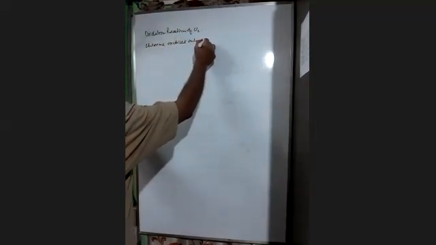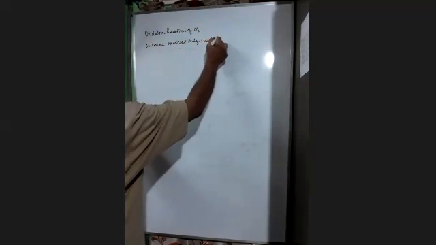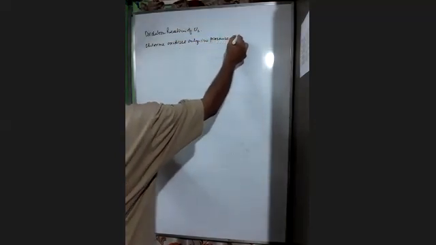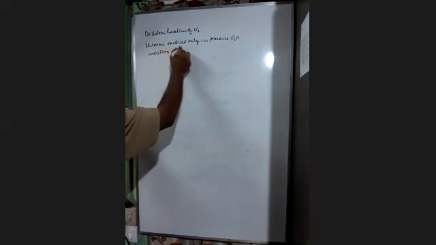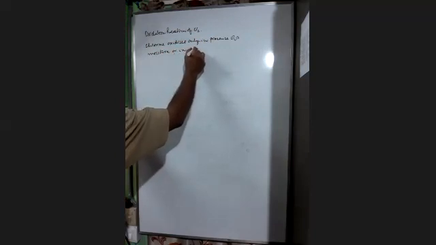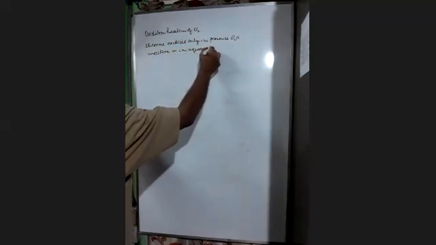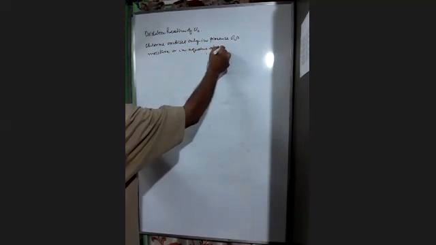Chlorine oxidizes only in presence of moisture or in aqueous solution. Why?